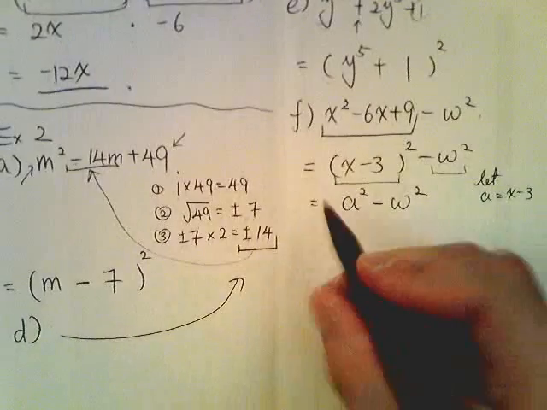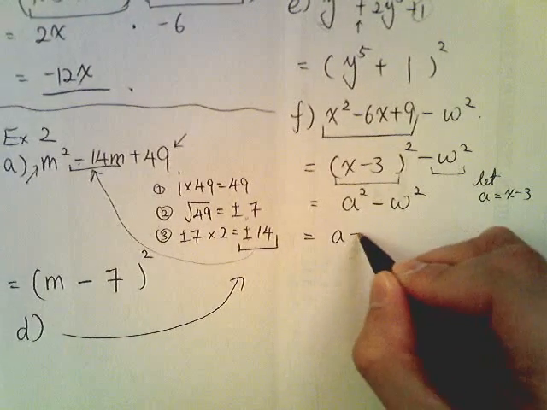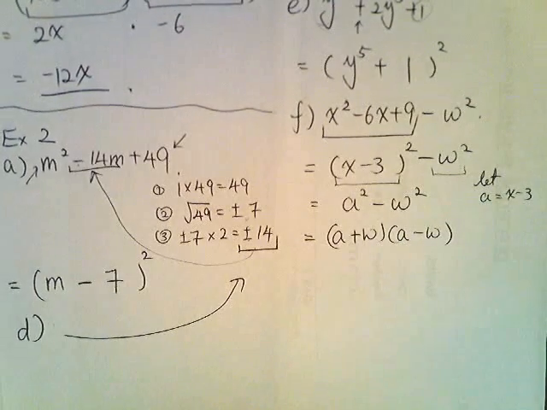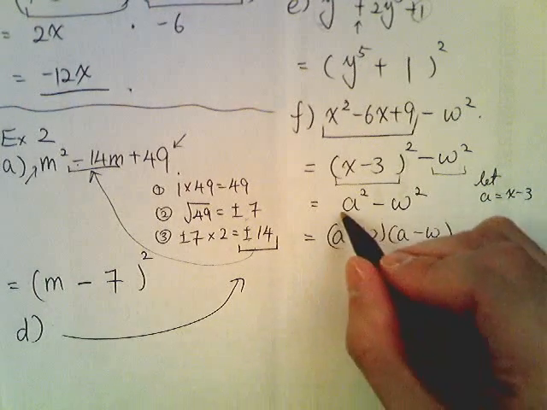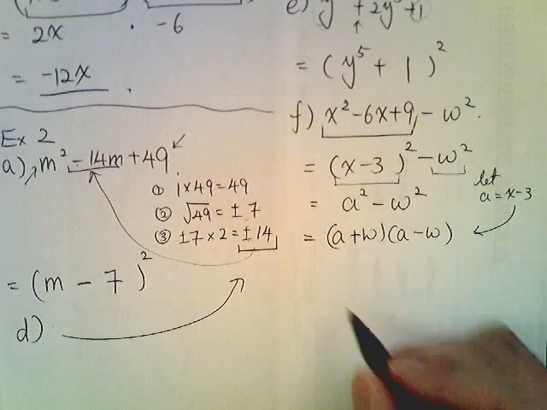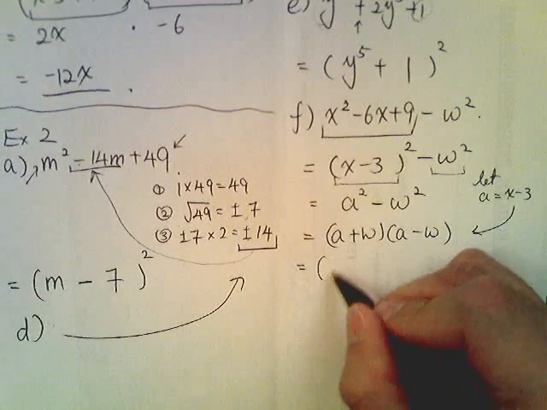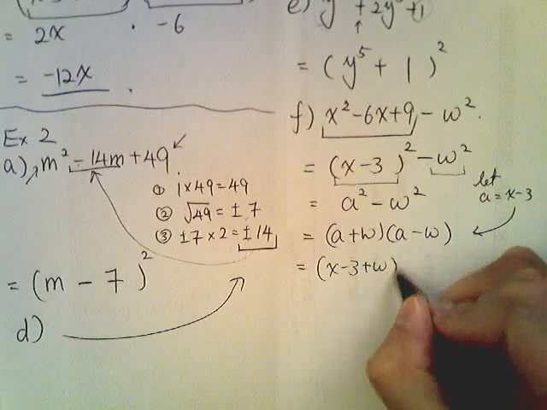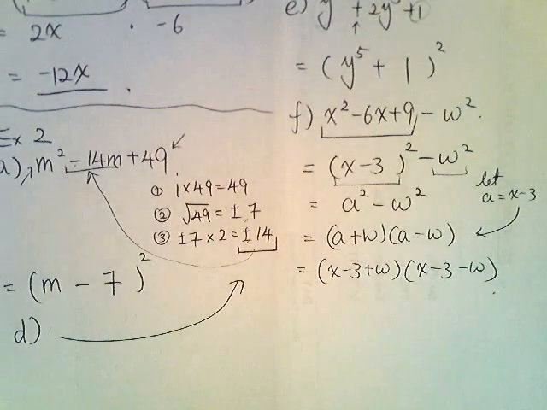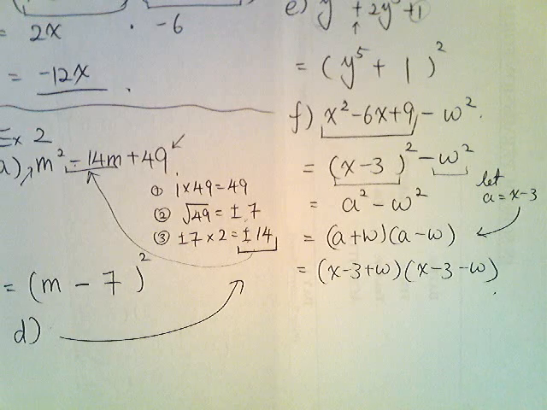So, yes, it is a difference of squares, so a plus w, and then a minus w. Once you factor a squared minus w squared, put a equals x minus 3 into that expression again. So I have x minus 3 plus w, and x minus 3 minus w. Now you can leave your answer in this way, I don't really care. Okay, it should be all good.